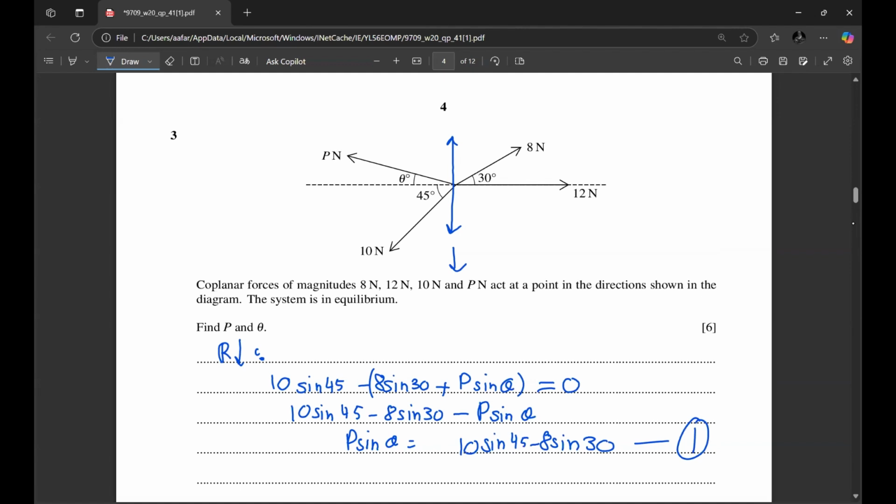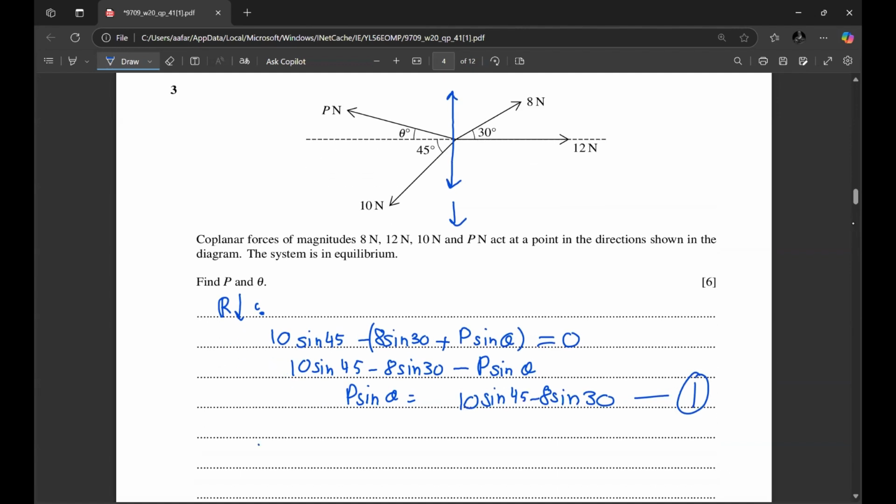Second, we can resolve it horizontally. 12, let's say it's in this direction resultant, plus 8 cos 30 is equal to P cos theta plus 10 cos 45.